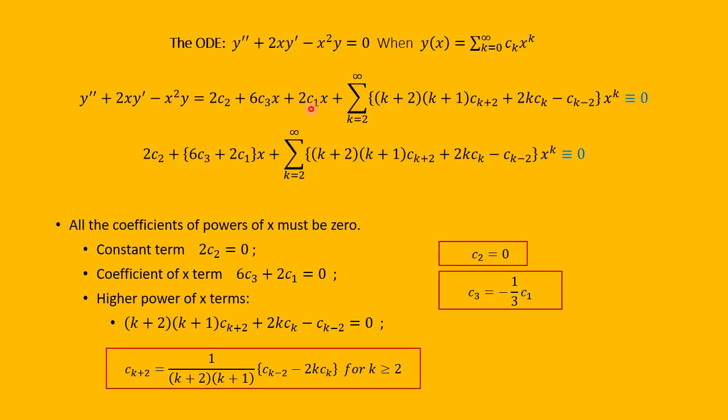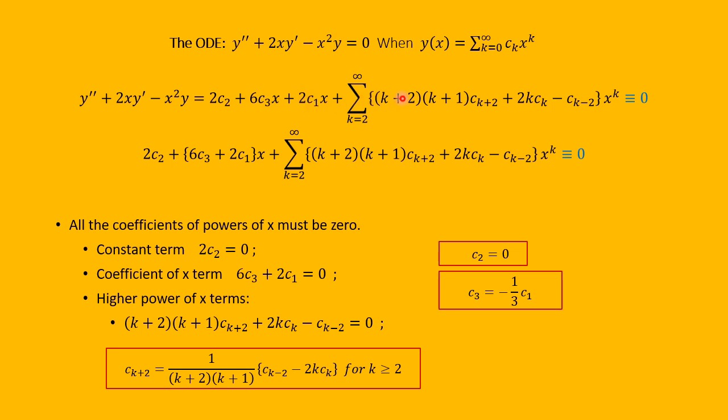Now, if we look at this for a minute, here we have a constant term. These two terms have a factor of x in them. So let's rewrite all of this stuff right here as 2c2, this term, plus 6c3 plus 2c1, that quantity times x, which takes care of these terms.